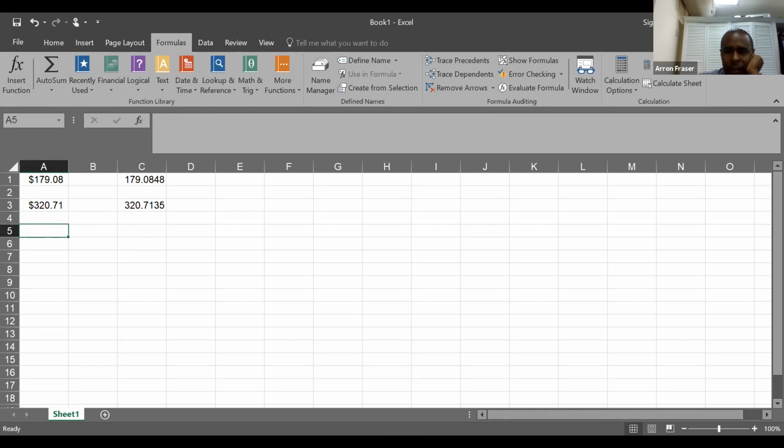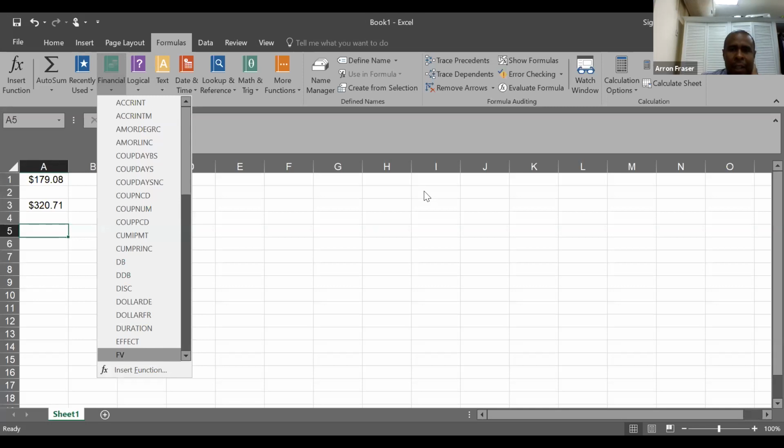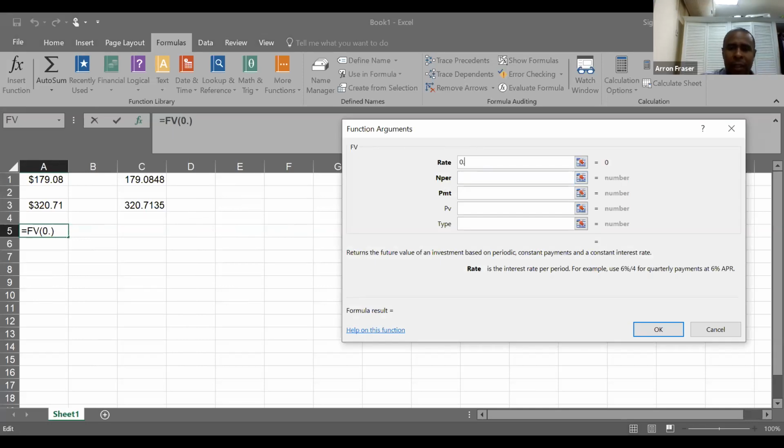The fourth one asks us, well, the C part of question 2, it's 4%, 10 years. So again, we go back, financials, future value, the rate is 4%, 10 years, and you're investing $100.